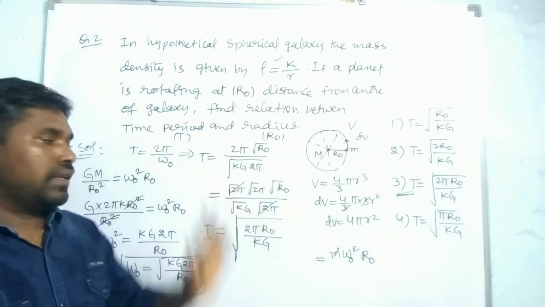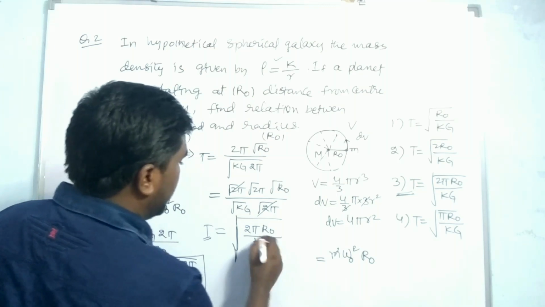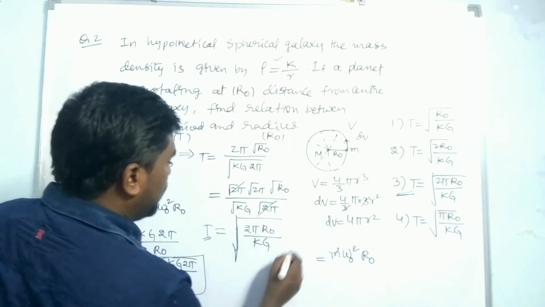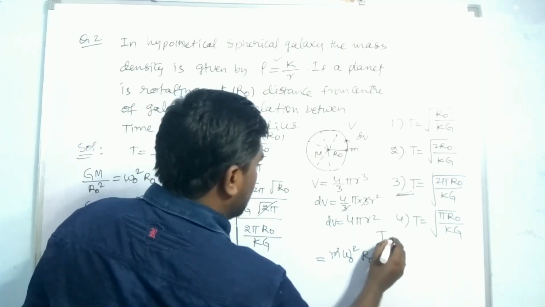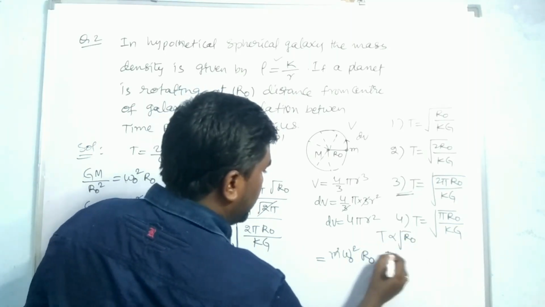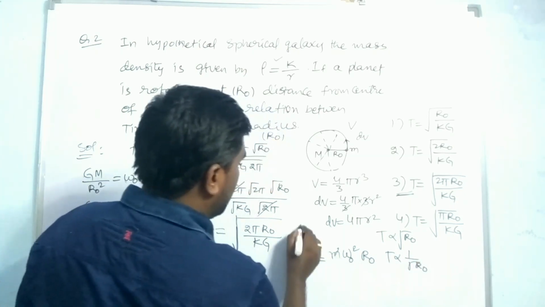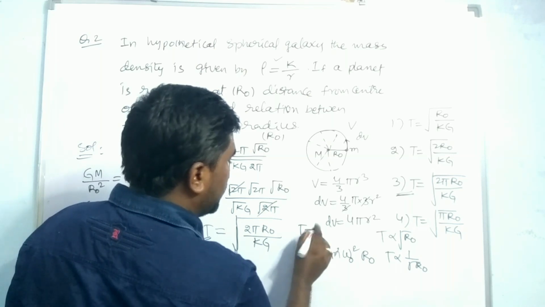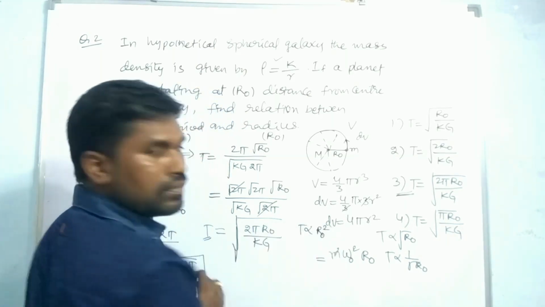Okay, is it clear? In some cases the options may not be given and they can ask directly: T directly proportional to root R naught, or T inversely proportional to root R naught, or T proportional to R naught square.